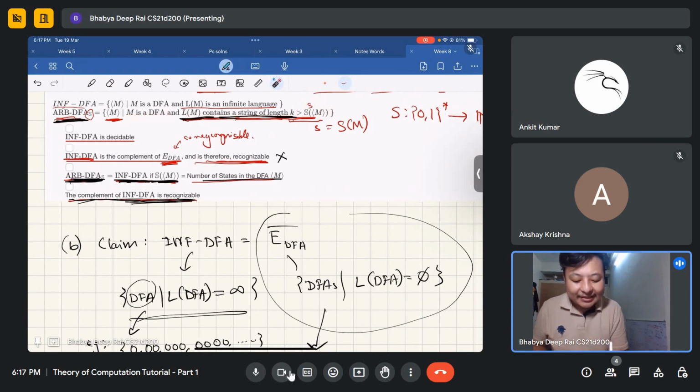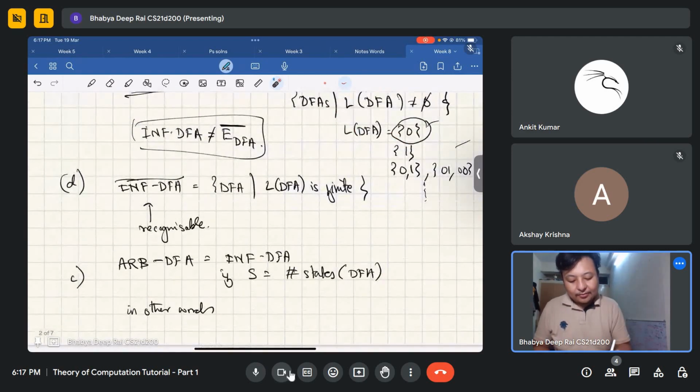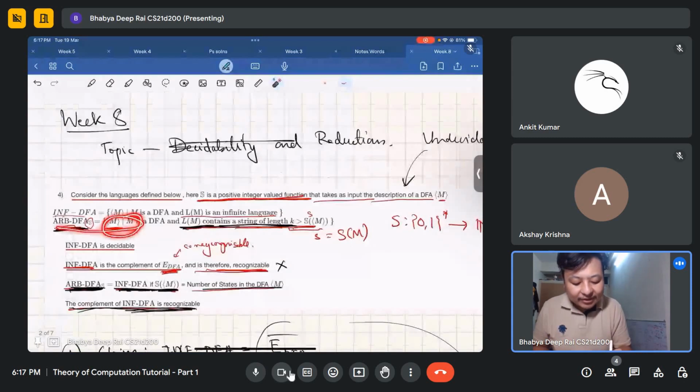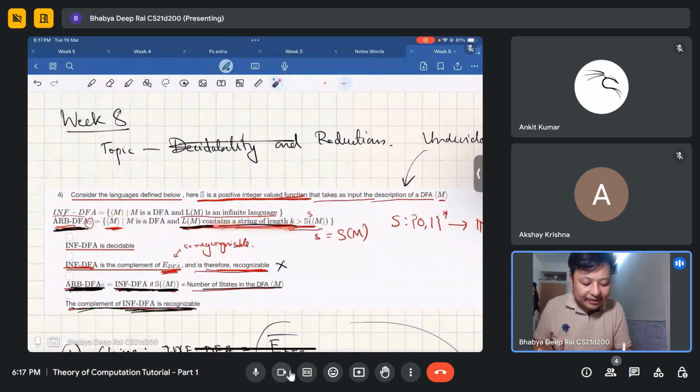But we are saying, what is S? S is the number of states. So RDFA is all those machines which contain a string of length greater than the number of states. Then it is equal to inf DFA, and what is inf DFA? It is all those DFAs whose language is infinite.